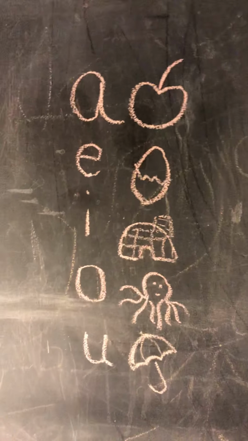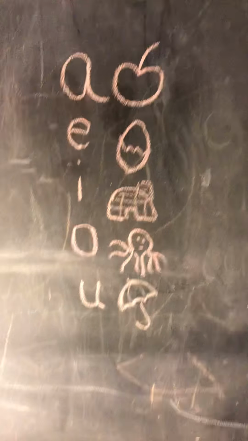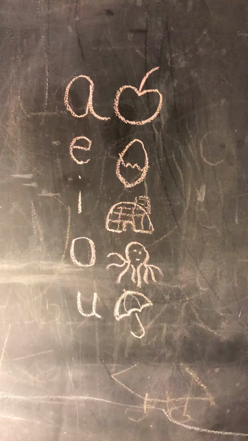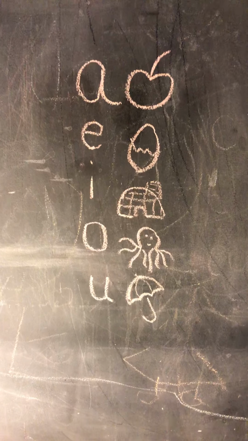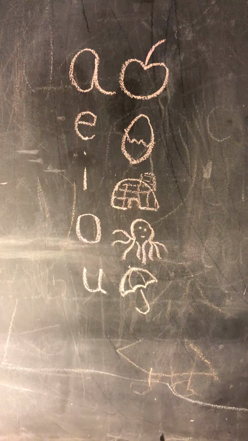Now, I also want to talk to you about 5 of my favorite letters. All right, so I'm going to show these to you. These are my 5 favorite letters of the alphabet, and they're called vowels. And maybe you've heard your Spanish teacher talk to you about them before. Vocales, maybe.